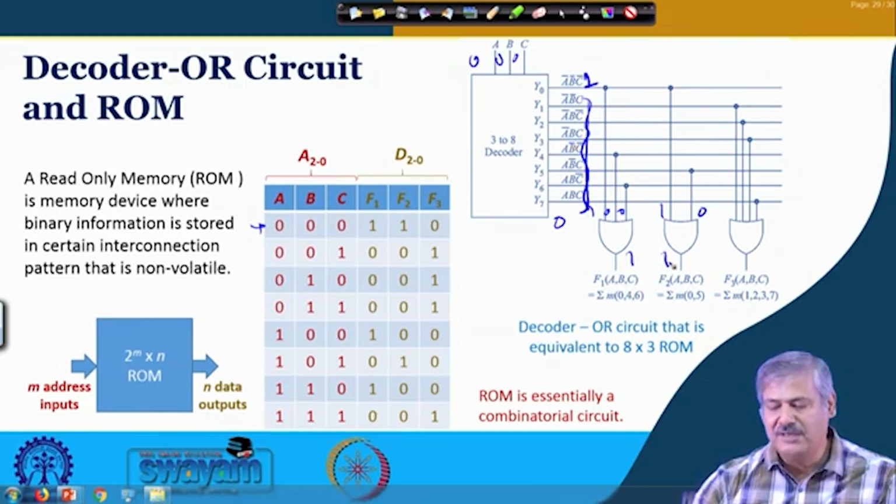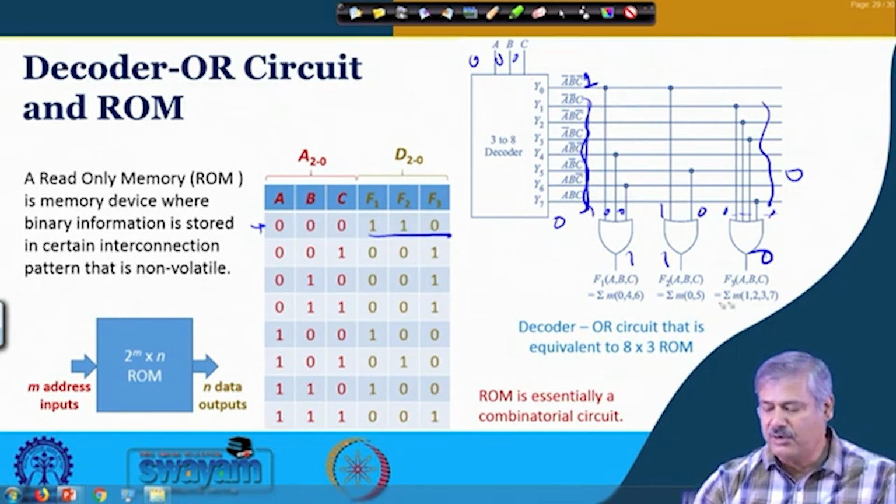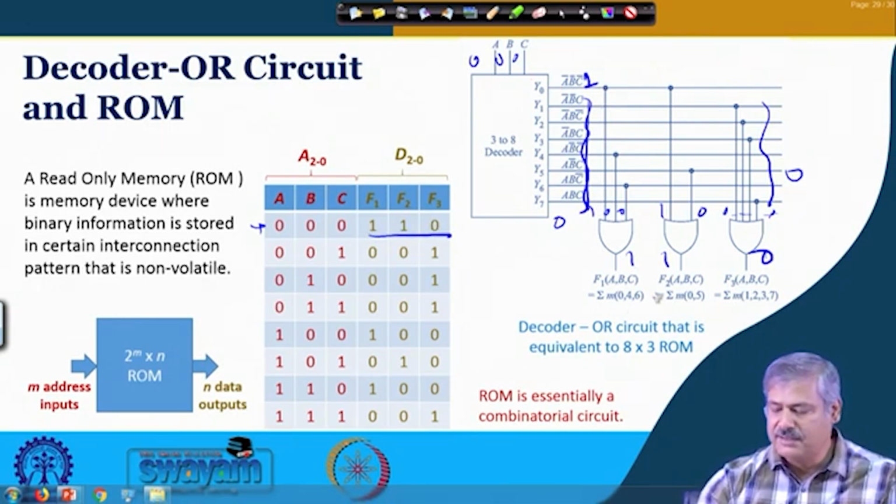So this output will be 1, and here all these inputs are 0, because they are coming from here. So all the inputs to the OR gate will be 0, and this output will be 0. So you will be reading, if you put 0, 0, 0, at its output 1, 1, 0 as D2, D1 and D0.